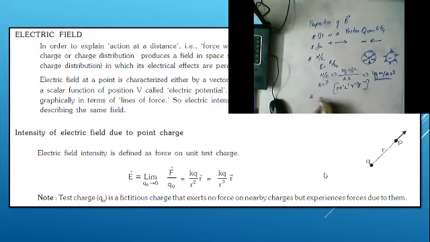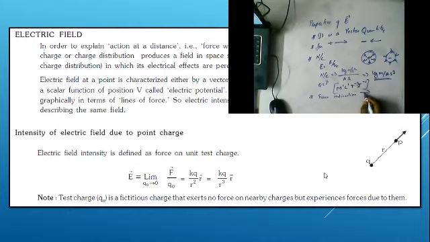Next, the force in the direction of the positive charge will be considered as positive.